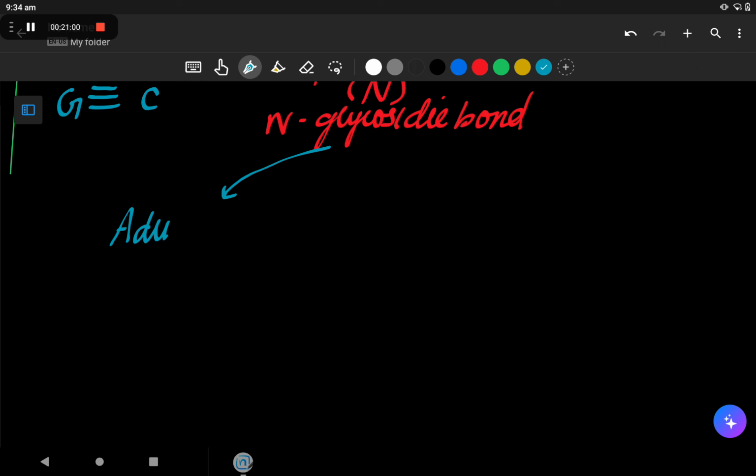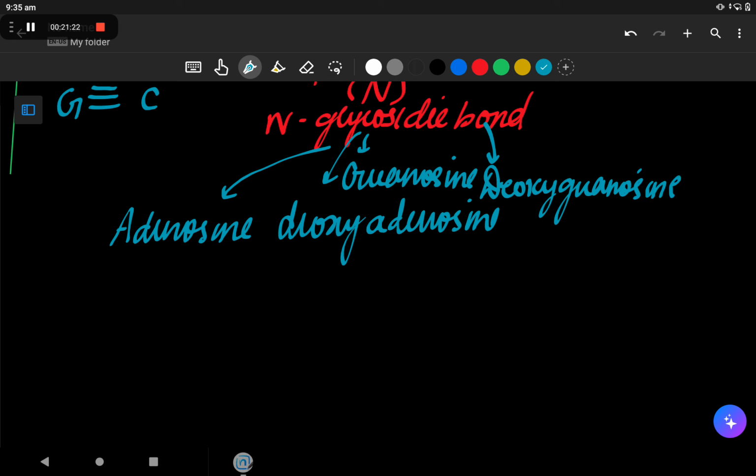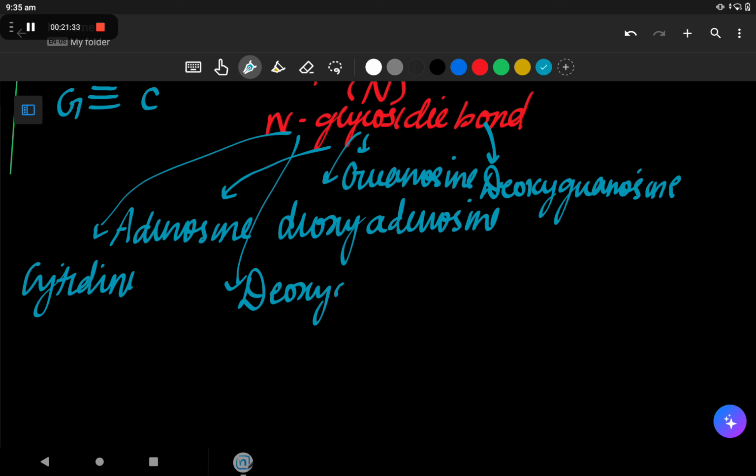First is adenosine, deoxyadenosine, next we have guanosine, deoxyguanosine, next we have cytidine, deoxycytidine, next we have deoxythymidine.